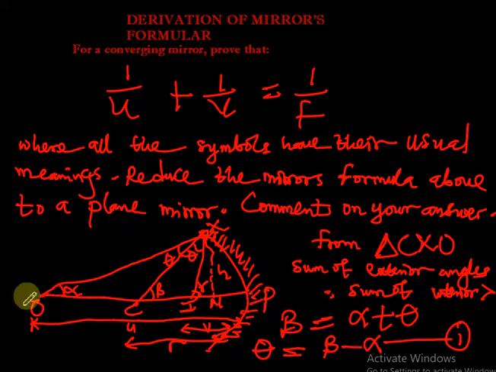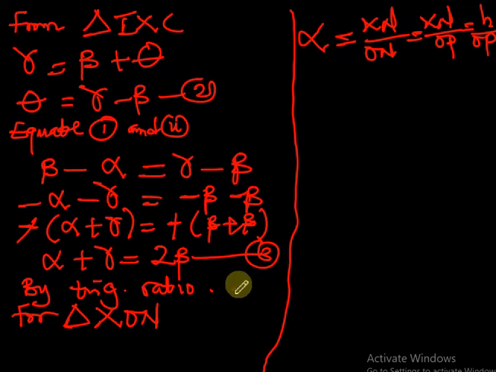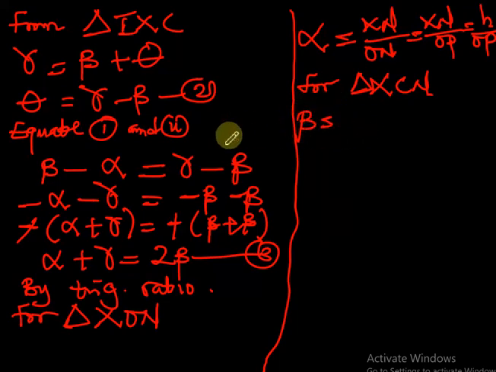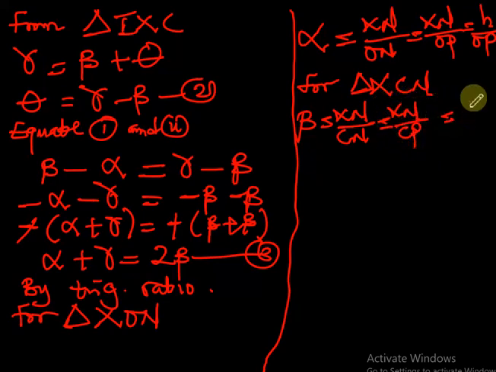So if you go back to that part, that is the same thing as H over OP. For triangle XCN, in the same way, you can talk about beta, the interior angle there. Beta is XN over CN, equals XN over CP, which is still H over CP.